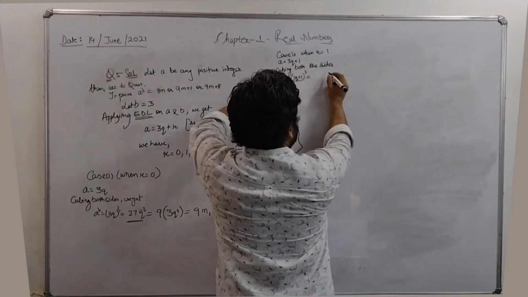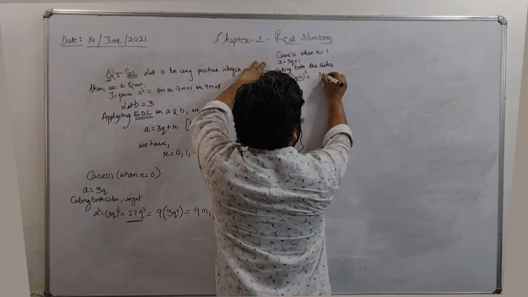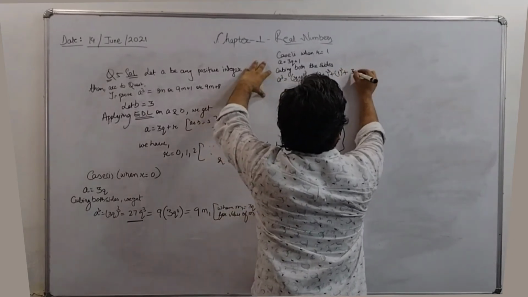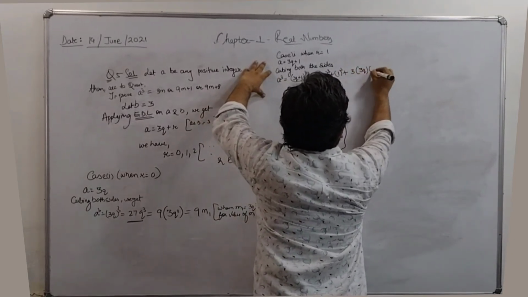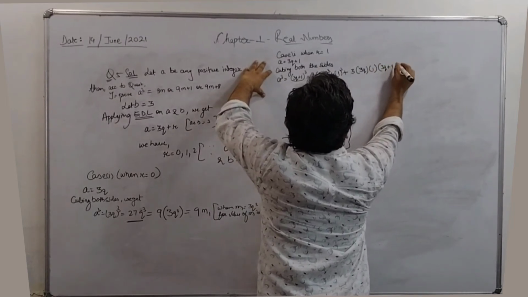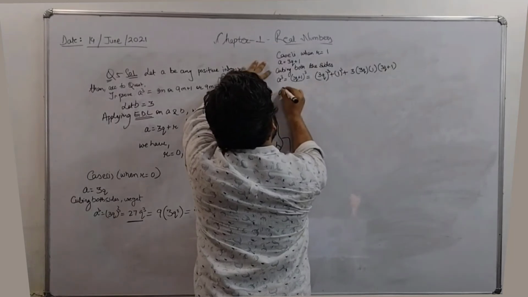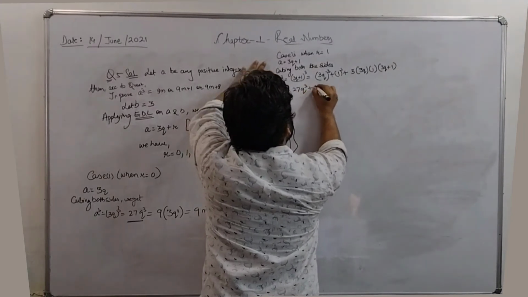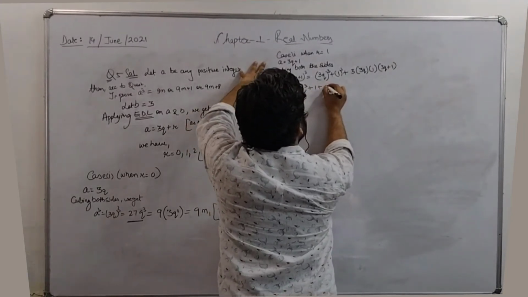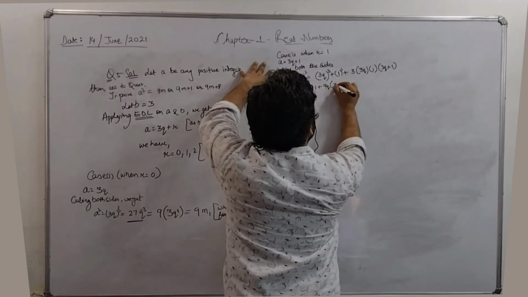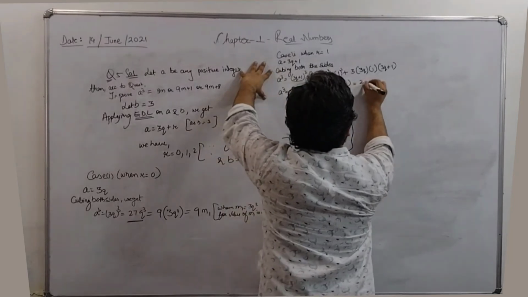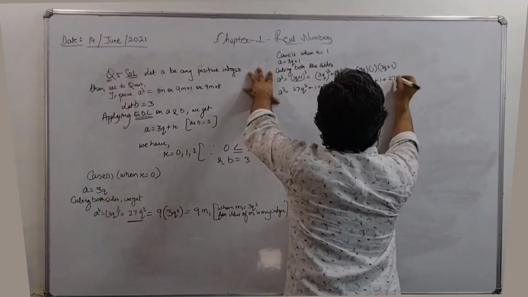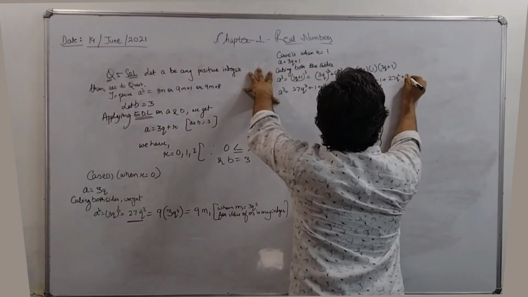so we have a cube: (3q) cube plus 1 cube plus 3ab(a plus b), so a cube is equal to 27q cube plus 1 plus 9q into (3q plus 1), which is equal to 27q cube plus 1 plus 27q square plus 9q.